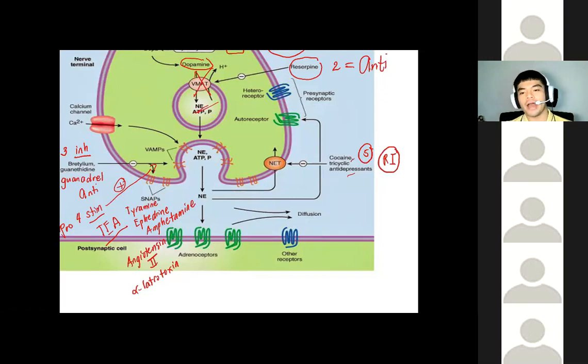Again, number 5, we have the reuptake inhibitors. I repeat, examples are cocaine and also tricyclic antidepressants. Ano naman ang function ng reuptake inhibitors? Reuptake inhibitors they can block norepinephrine transporter.